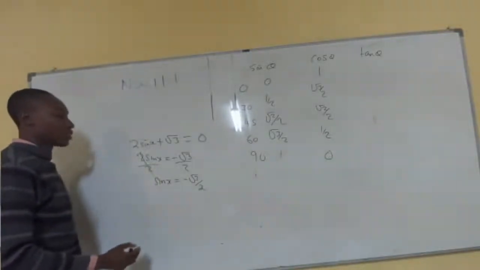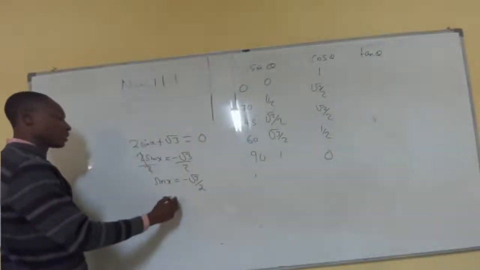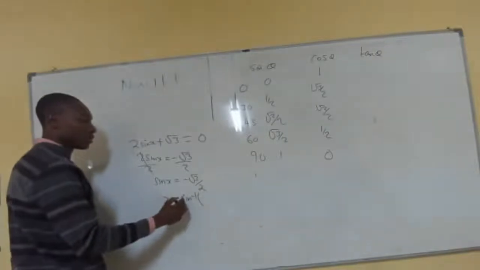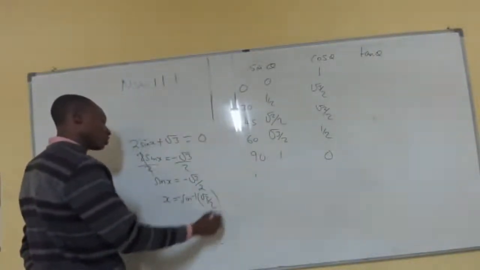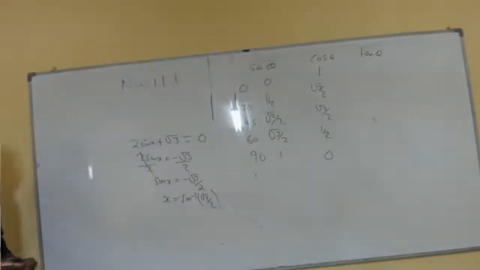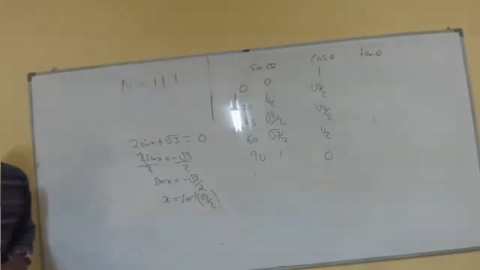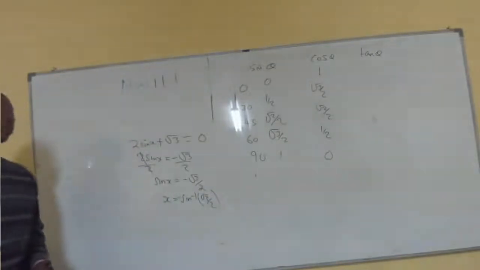Basically, what we're looking for is x equals sine inverse of negative root 3 over 2. Note the sign here is negative.